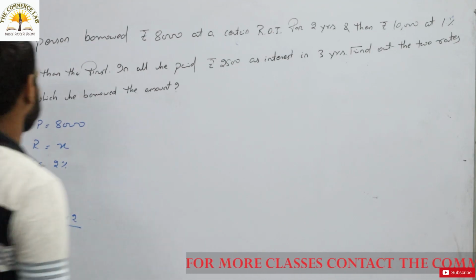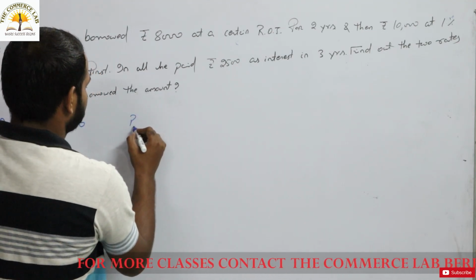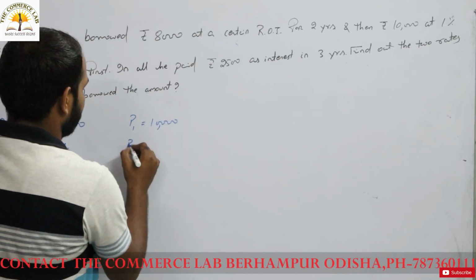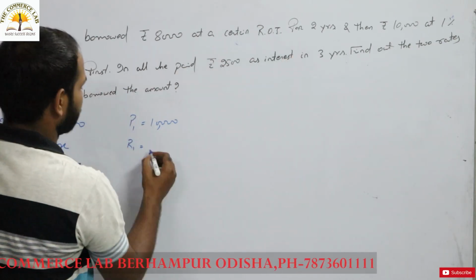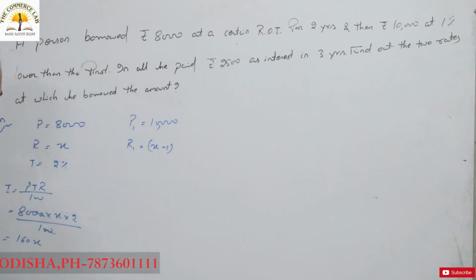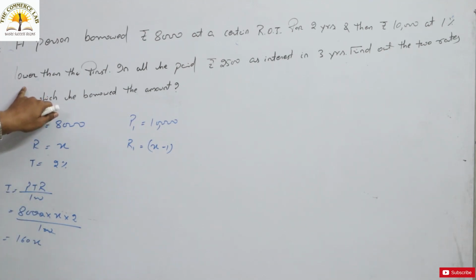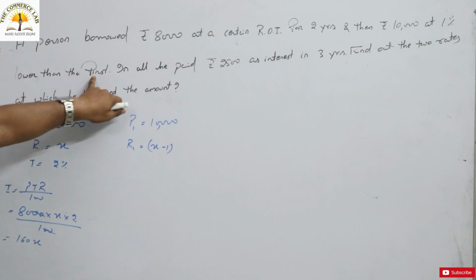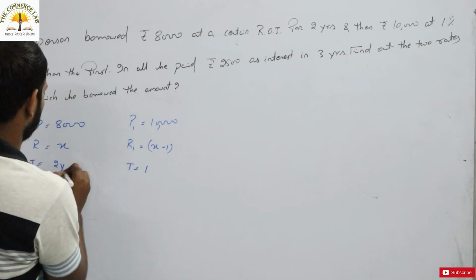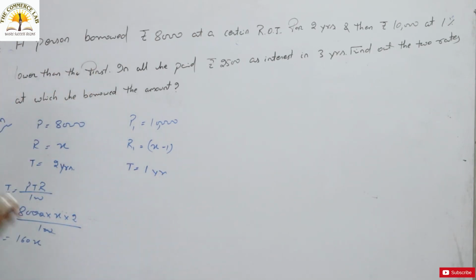Fine. Next. Again, P1 equal to 10,000 rupees. Rate of interest is lower than the first. The first we have taken as X, so lower than the first in the sense X minus 1. Then T equal to 1 year.